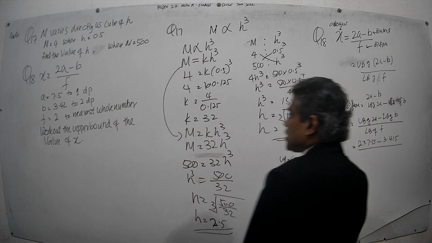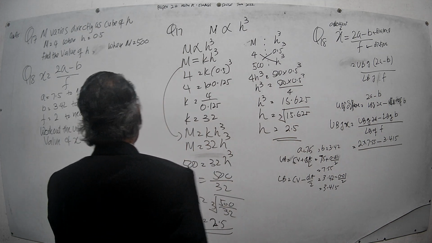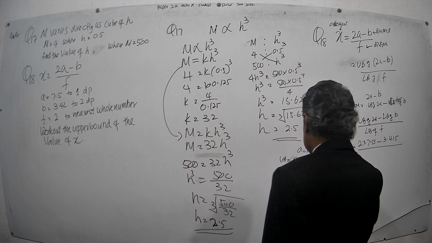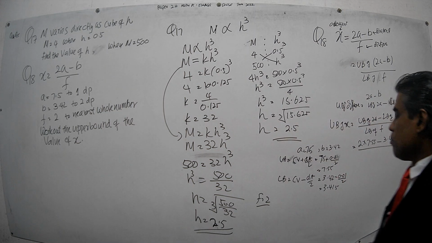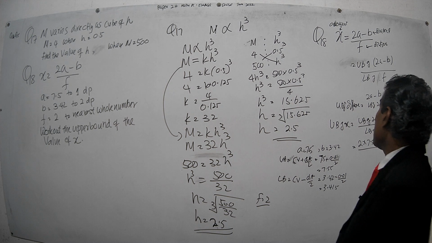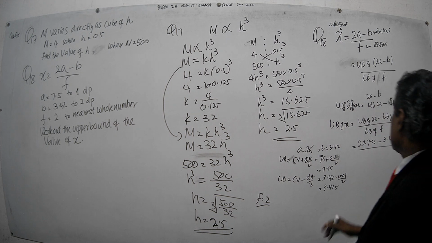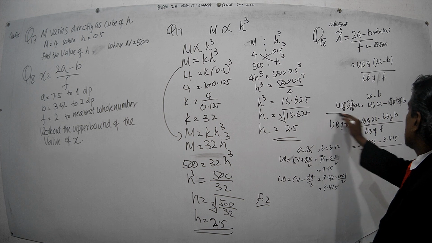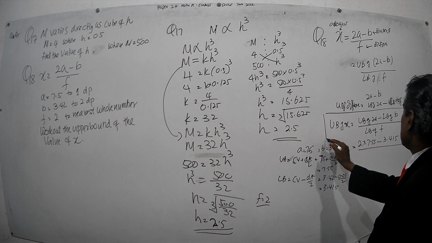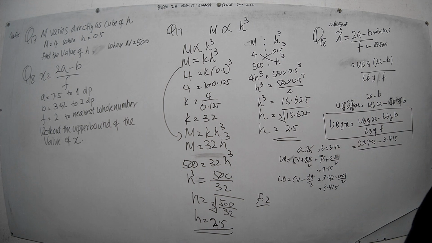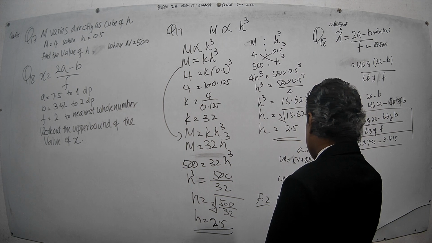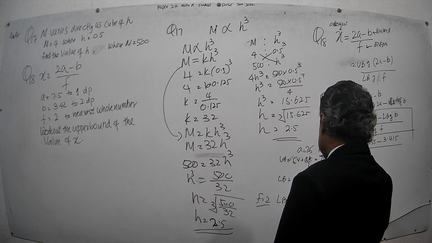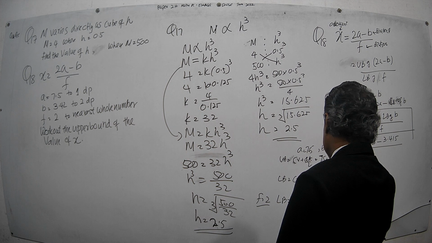Again, the value of F is 2, to the nearest whole number. Then again we need the lower bound of F. The lower bound equals the corrected value minus the degree of accuracy over 2.